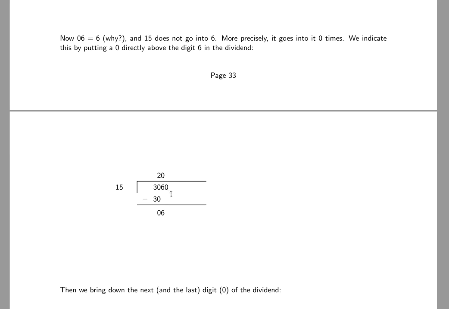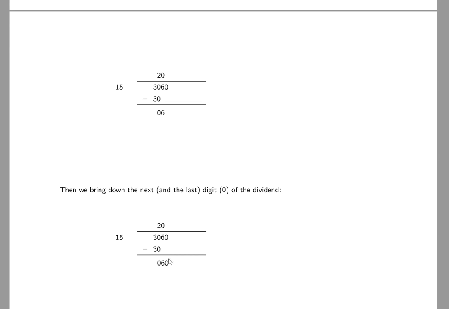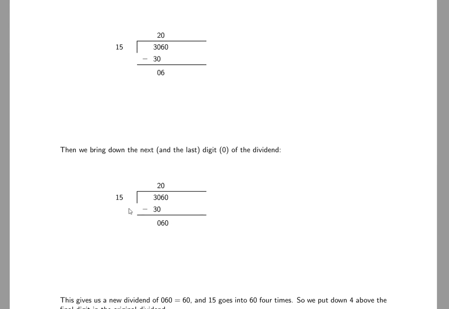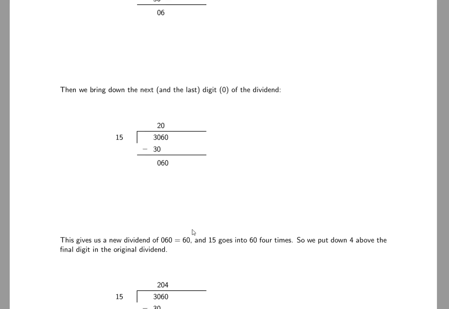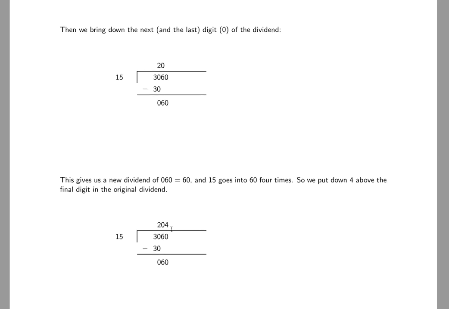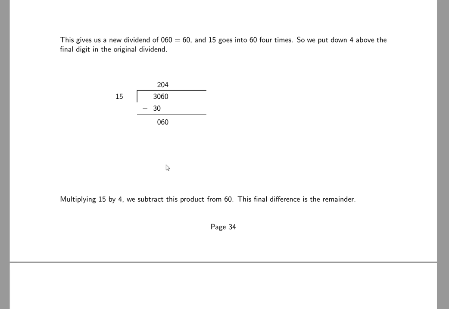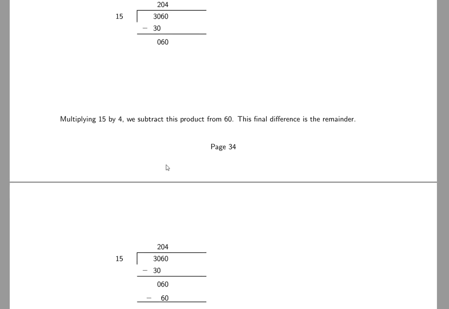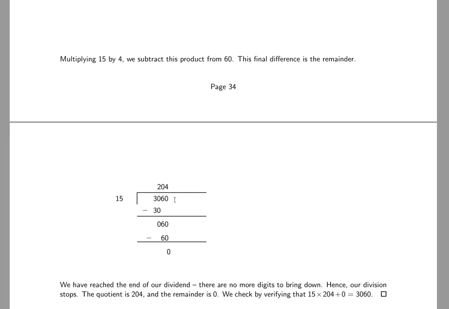Next, bring down this last digit, this 0. You can see there's still a space above that 0 we need to fill. So bring down that 0. Now it's 15 into 60, and that goes 4 times. 4 times 15 is 60.